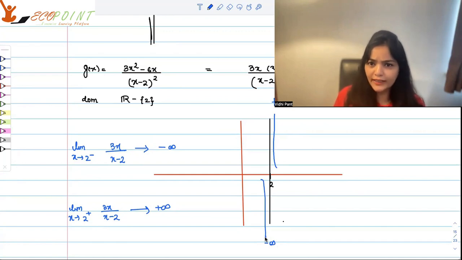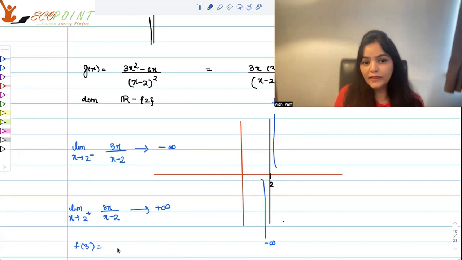I've not created the entire graph. Of course, for that, you can probably see what's happening. Around 3, the value that you will get is f of 3 is 9 upon 1. That is, you'll be getting 9. So the graph goes up there. How it goes, you'll have to see that movement. But I'm only here interested in telling you how this vertical line comes up and how this becomes vertical.